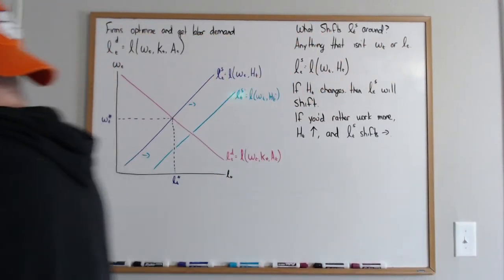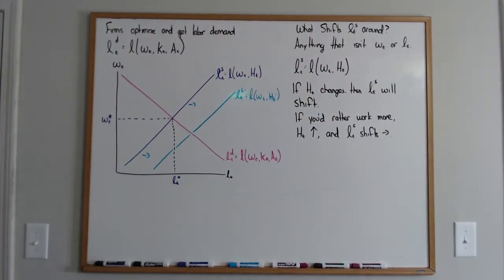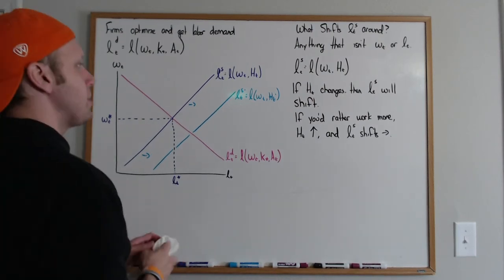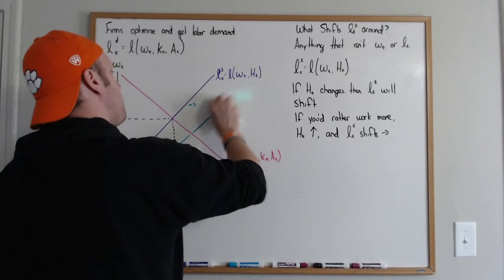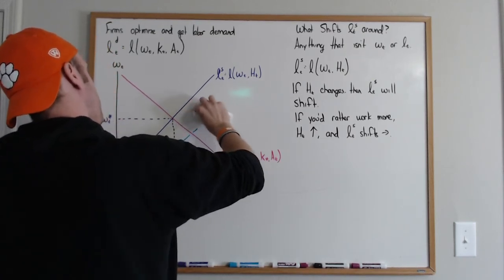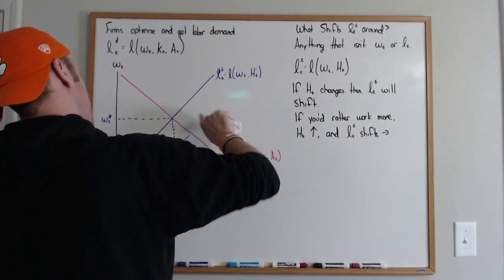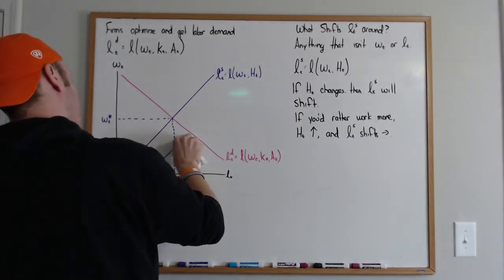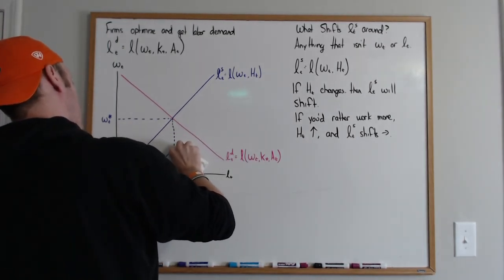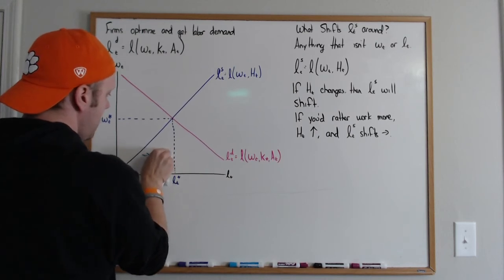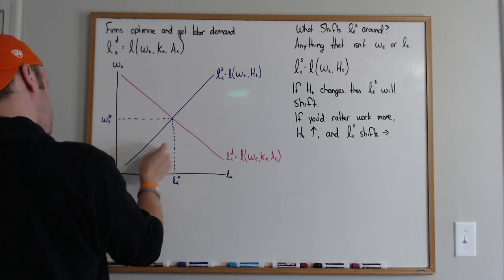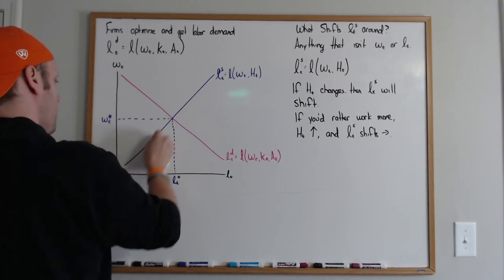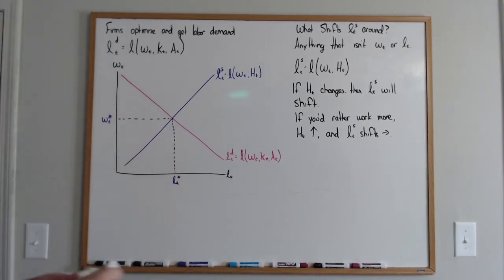Let's think about what happens if there's some kind of a labor supply shock, like a major, sudden population increase. What would happen then? Well, that would cause labor supply to also shift out. So anything that will be affecting the labor markets that isn't the wage rate or labor will be reflected through a change in HT.